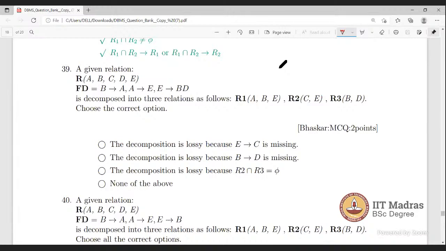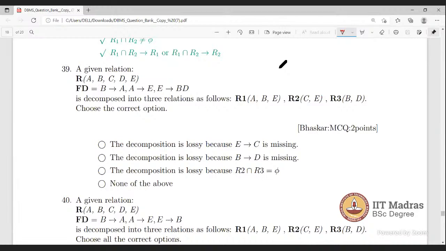According to the rules of lossless decomposition, the common attribute should functionally determine all other attributes in one of the tables. So E should determine either C or A, B, and D. E does not determine A, B, and D, though somehow B and D it is defining.